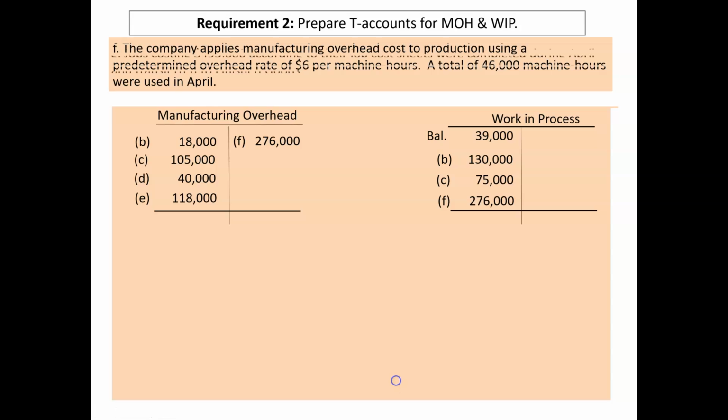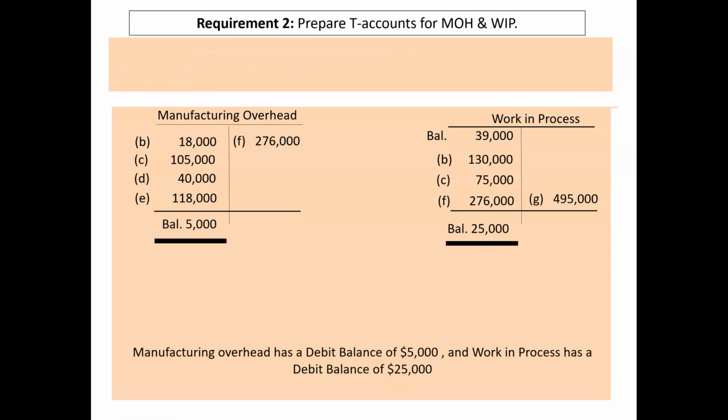Okay, let's go through and look at manufacturing overhead and work in process. Specifically, manufacturing overhead. Remember from a few minutes ago, I had said that the debit side, the left-hand side of the T account for manufacturing overhead, is all of the actual overhead that has happened.